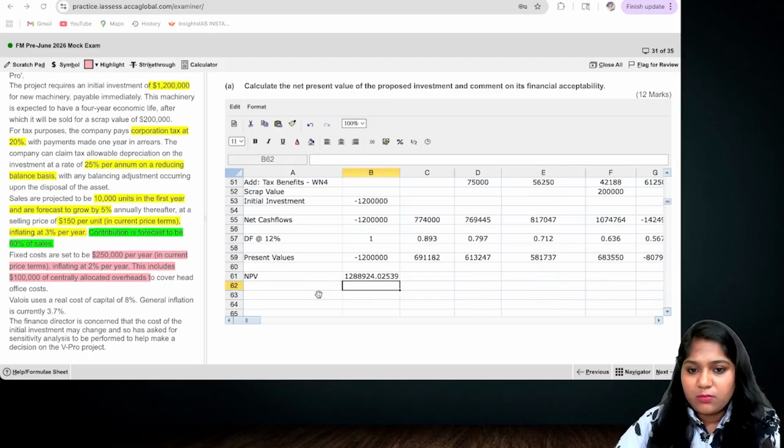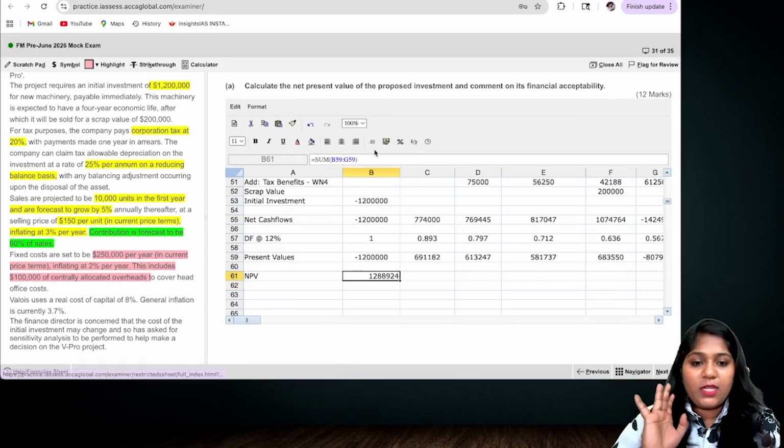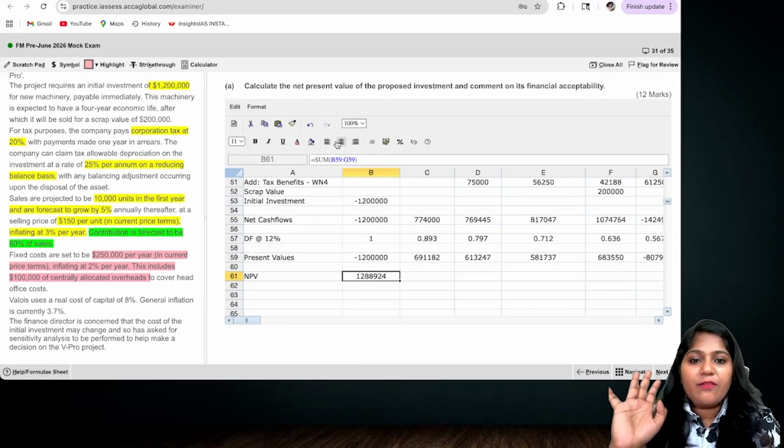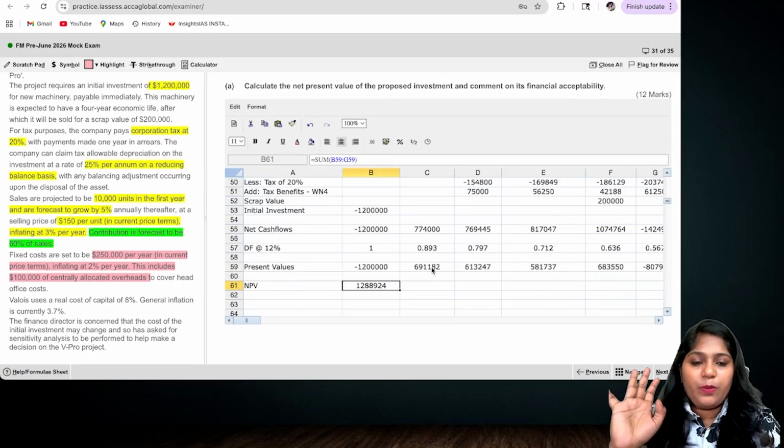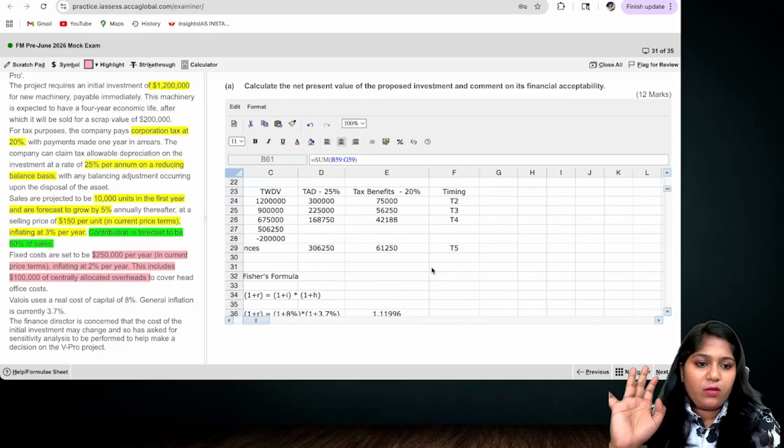Did I miss anything? I think I missed something, but look at this. See now, because we have given the references properly, what happens? I might have got everything right.